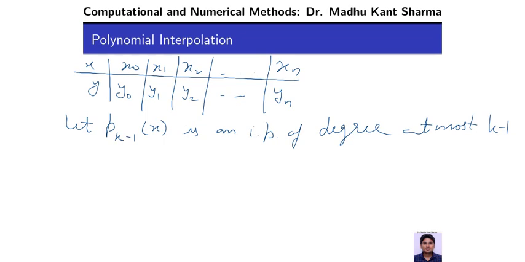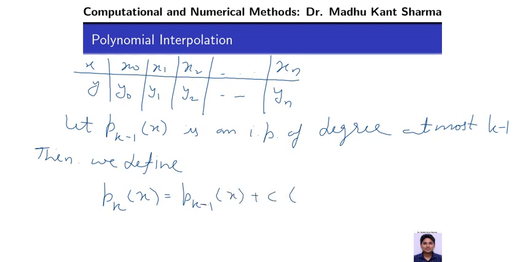Then we define pk of x equal to p(k minus 1) of x plus c times x minus x0, x minus x1, and so on up to x minus x(k minus 1), by using the points x0 to x(k minus 1).